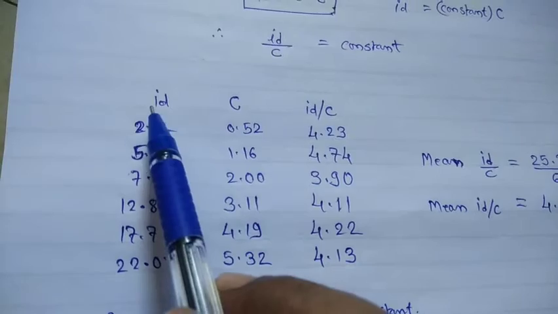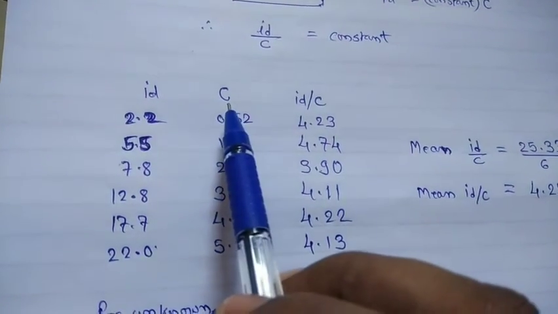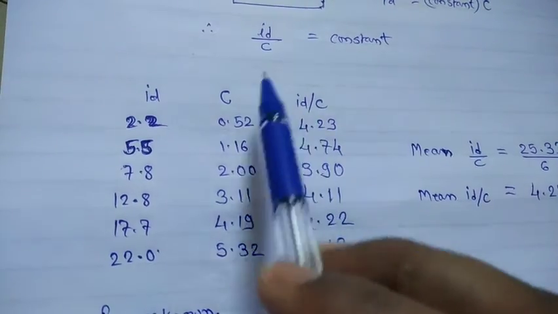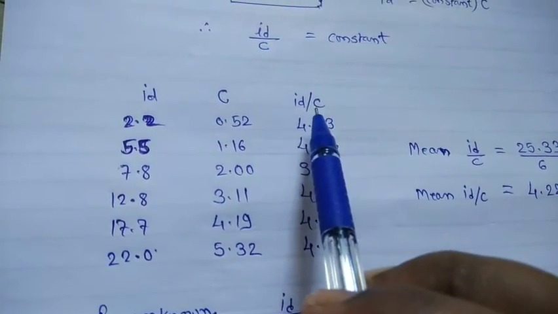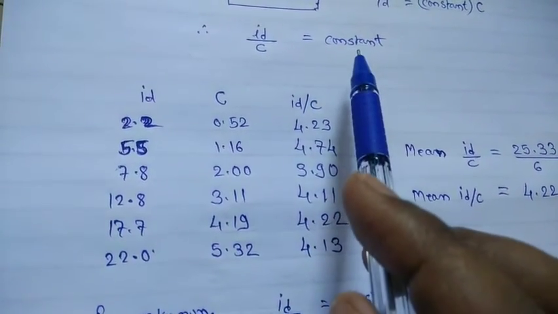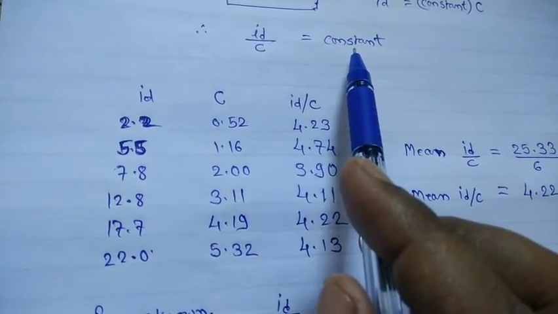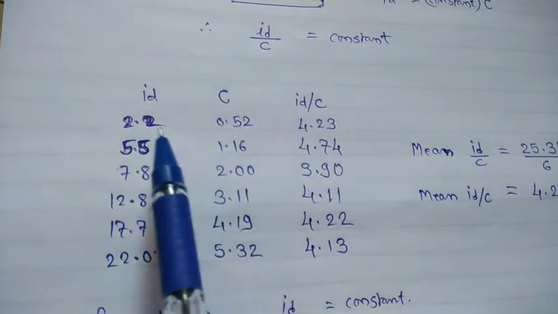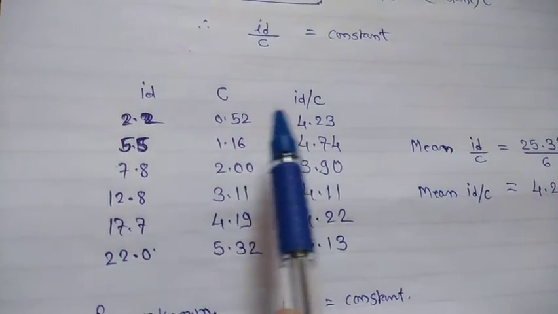Here the first column belongs to the id, the second one is concentration, and in the third column we have the ratio id upon C, which comes to be some constant value. So we have calculated all the values of this ratio id upon C.